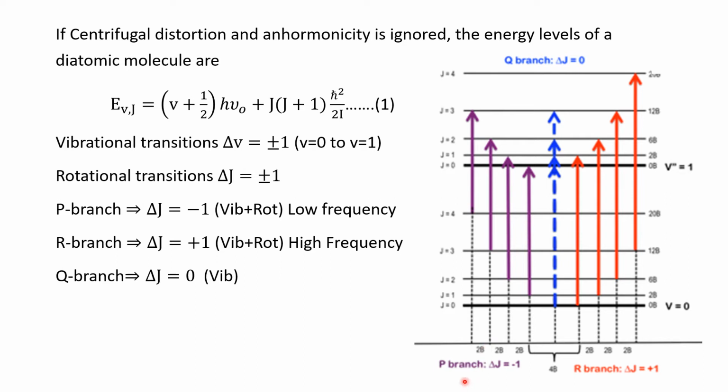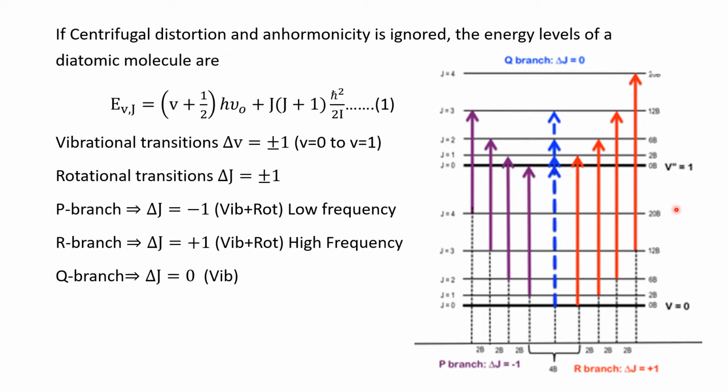One we call the P branch, and this is associated with Δj = -1. And we have the Q branch in the middle, associated with the transition Δj = 0. And we have the R branch, associated with the transition Δj = +1.